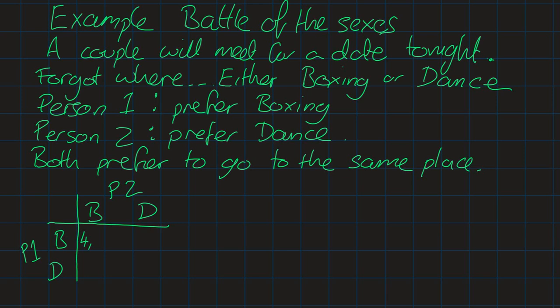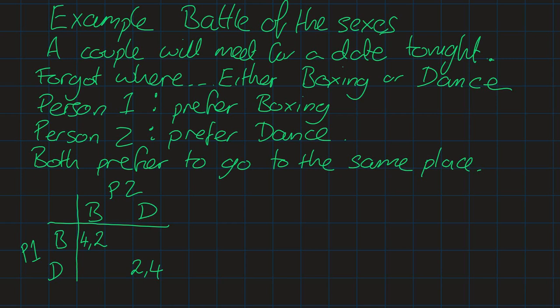So person 2's top preference would be to go to the dance, but they would also like to be together. So I'll put a 2 there. And symmetrically, the dance outcome is not person 1's top choice, but person 1 is still happy because they're with their partner.